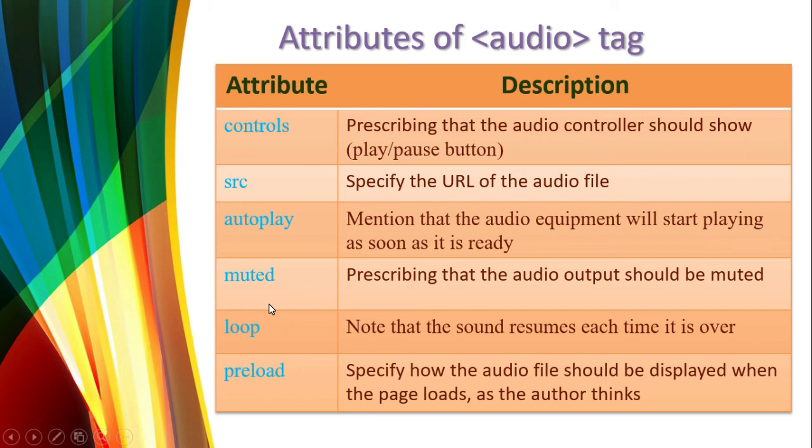Muted prescribes that the audio output should be muted. And loop means the sound restarts each time it is over. Preload specifies how the audio file should be loaded when the page loads, as the author thinks.